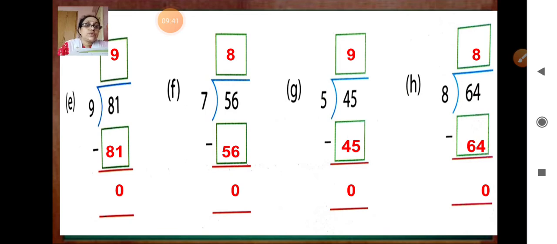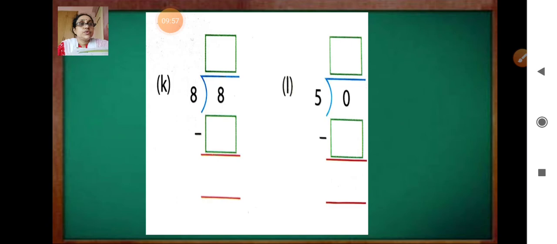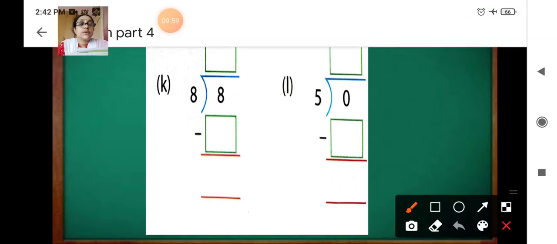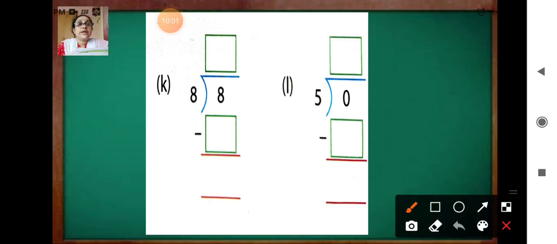And you have to write the 0 that you are getting after subtracting. Don't forget to write the 0. 64 divided by 8. 8 eights are 64. Question K. 8 divided by 8. 8 ones are 8. After subtracting, we are getting 0.